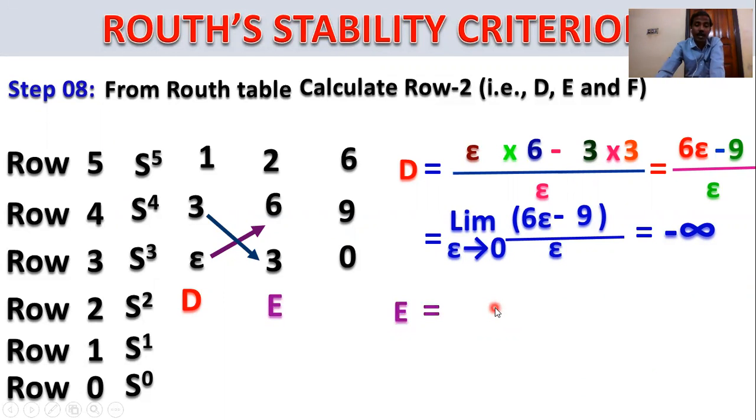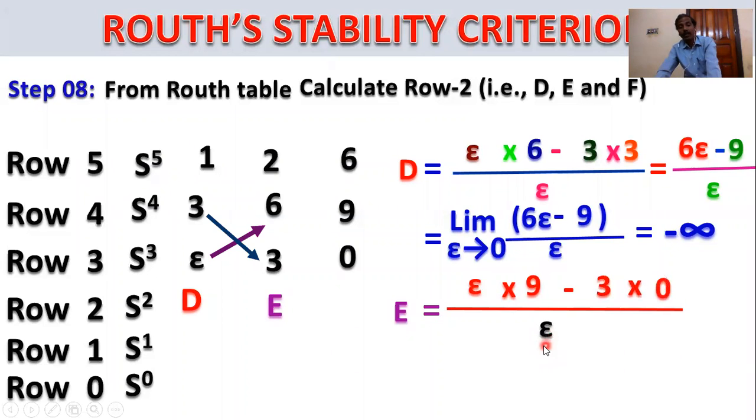And what is the value of E? E equals epsilon into 9 minus 3 into 0, divided by the first value, which is epsilon. The epsilon cancels, so E equals 9. And what is the value of F?